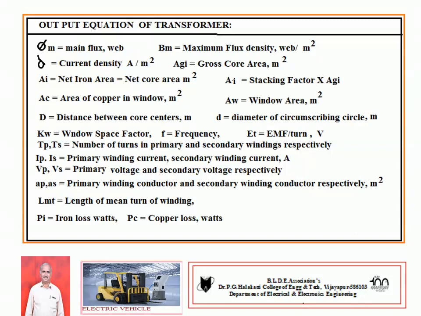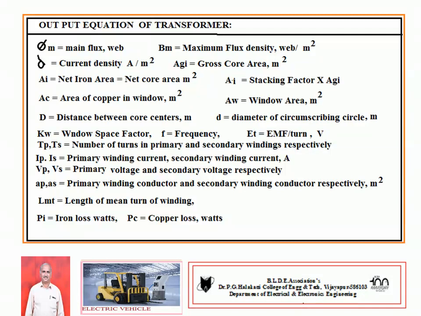Small d is the diameter of the circumscribing circle. KW is the window space factor, F is the frequency, ET is volts per turn or EMF per turn. TP, TS are the number of turns of the primary winding and the secondary winding.